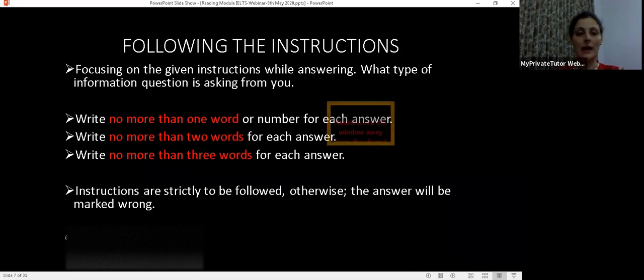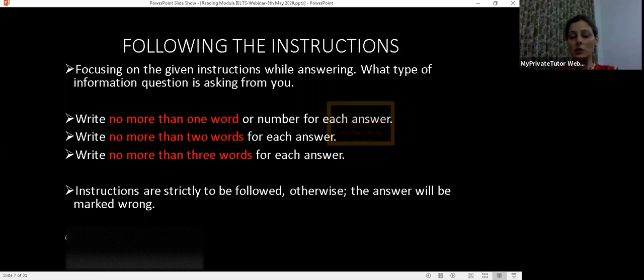So focus on the given instructions while answering. What type of information is the question asking for? For example, write no more than one word. Write no more than two words for answering each question. Maybe one question requires no more than three words for each answer. So you have to be very much to the point.